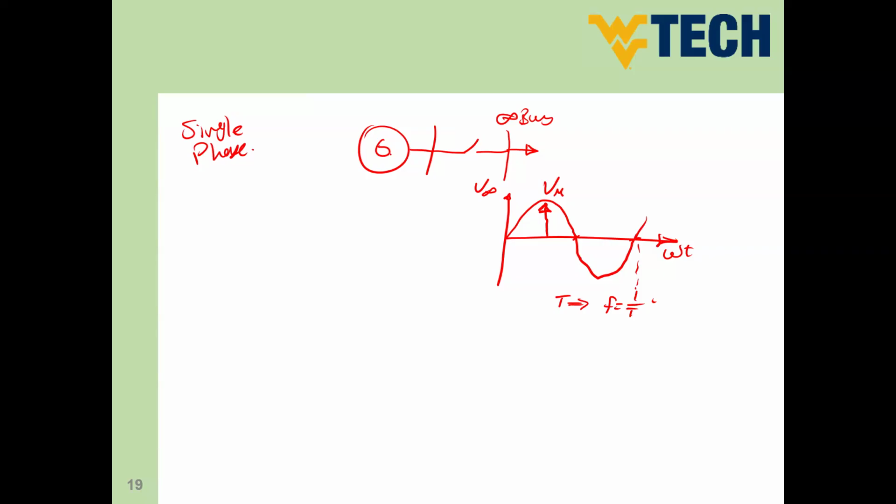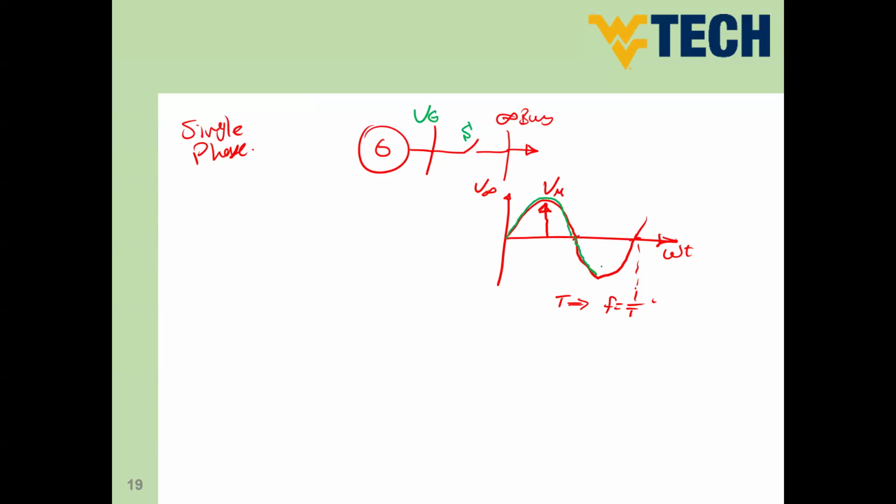In order to connect this generator to the infinite bus, let's say our generator here in a different color. So this is the generator supply. So the volt here is V generator. And in a generator, guys, we start the operation by rotating the machine, creating the flux, and generating the sinusoidal waveform. So in order to close this switch S to connect the generator to the infinite bus, you have to have an identical sinusoidal wave.